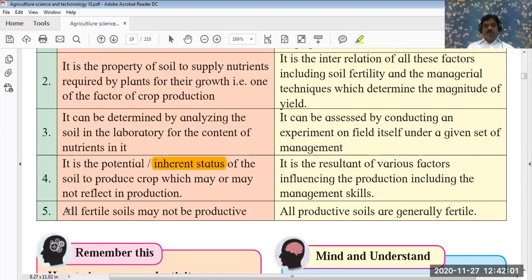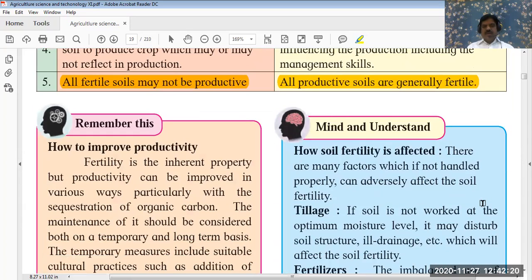And the last point is important: all fertile soils may not be productive, but all productive soils are generally fertile. So this soil fertility and productivity are very important to understand.